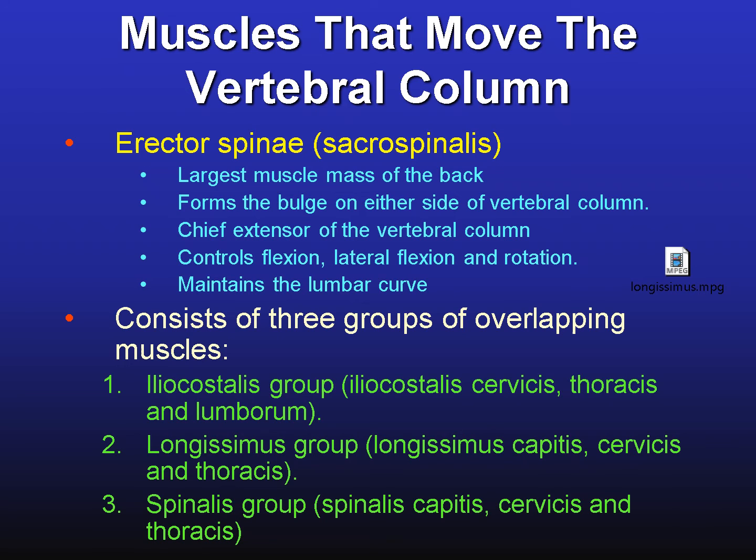When all the erector spinae muscles contract together, they extend or hyperextend the vertebral column. When only one side contracts, the trunk, neck, or head move laterally toward the contracting side. The movement is accomplished because the articular facets of the vertebrae glide on each other.